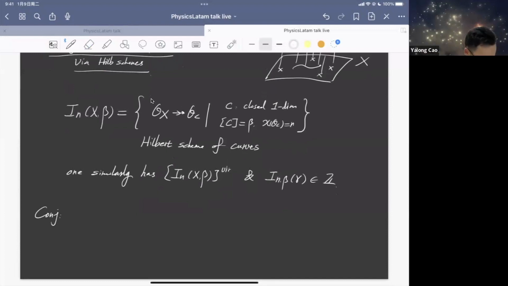There is a conjectural relation between this curve counting invariant and the stable pair invariant, by myself, Marta and Ku, which says that these two numbers should be the same.